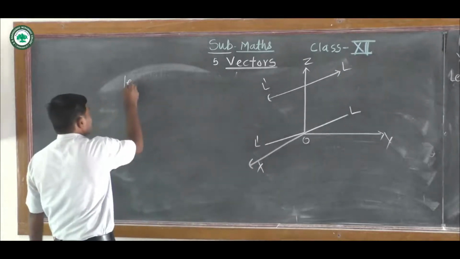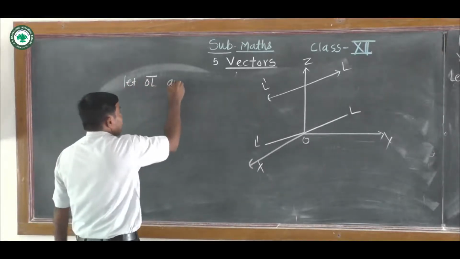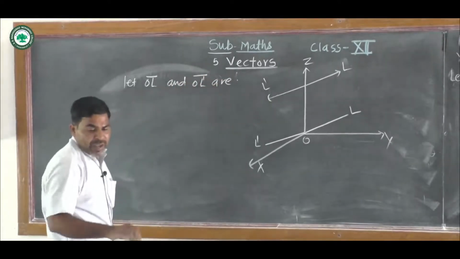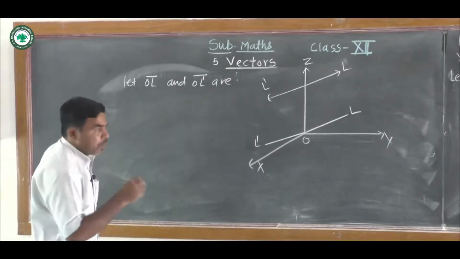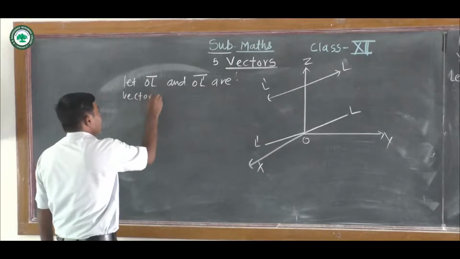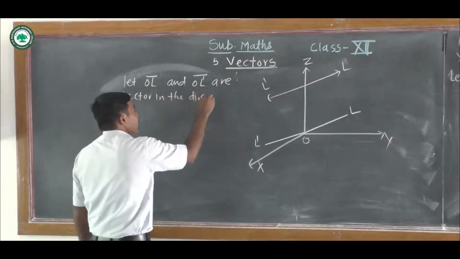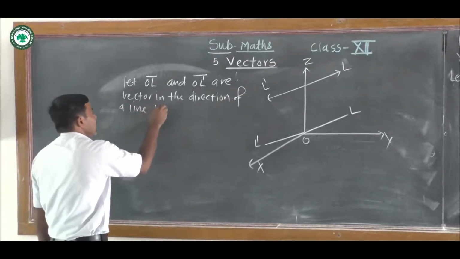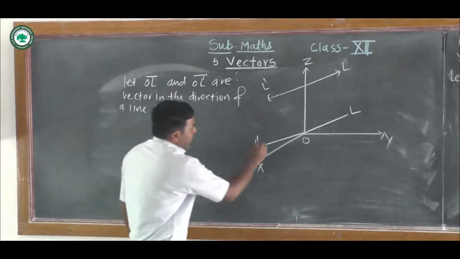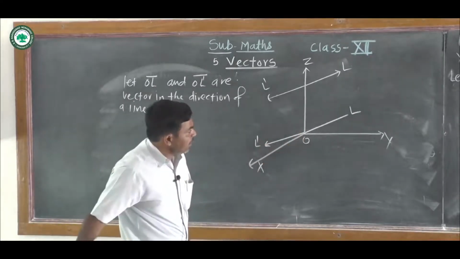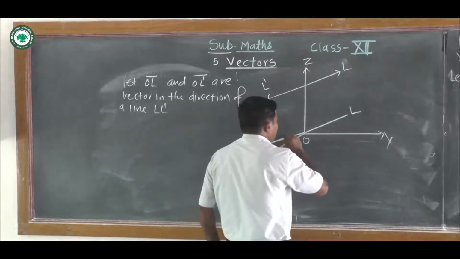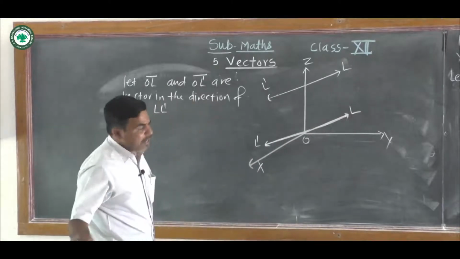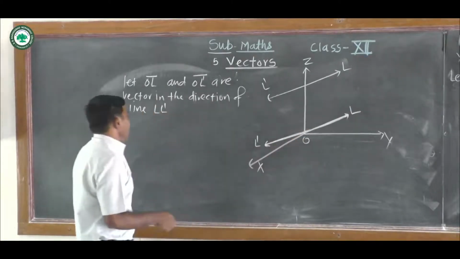So here let vectors OL and OL dash be vectors in the direction of line L dash. See, these two vectors are in the direction of L dash. Means this line L dash and these two vectors are parallel.